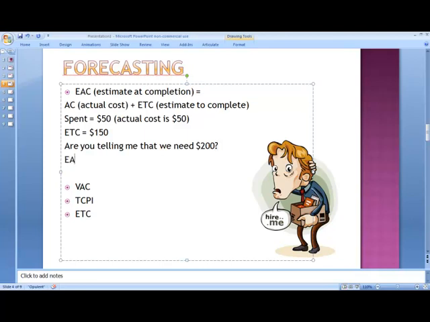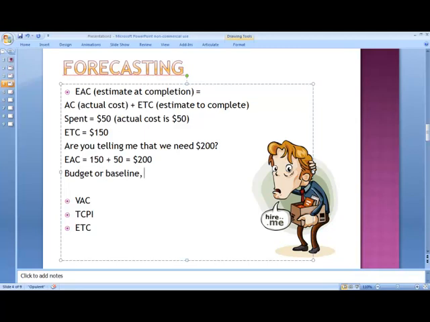So he's going to say, okay, estimate at completion is 150 plus 50. Is that what you're really saying? Yeah, that's what I mean. But your boss isn't going to stop there. Do you know what he's going to do? He's going to look at what you told him originally, which is your budget at completion, which is really called your budget, or also known as your baseline.